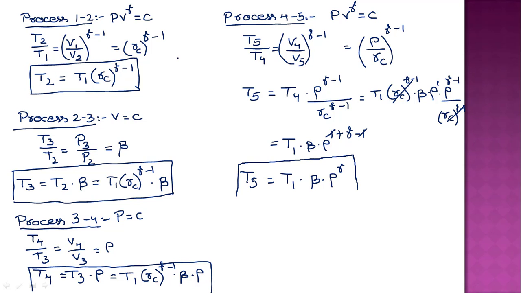Now we know the formula for thermal efficiency in terms of temperatures, that is 1 minus (T5 minus T1) divided by (T3 minus T2) plus gamma into (T4 minus T3).